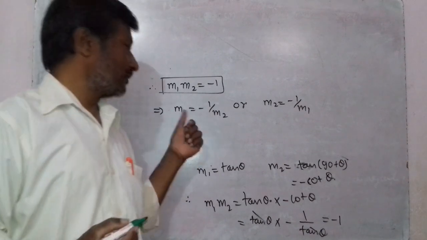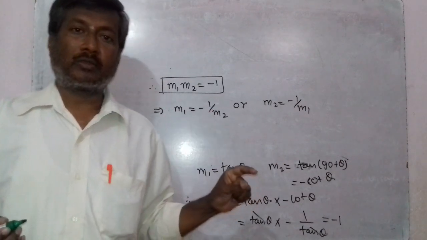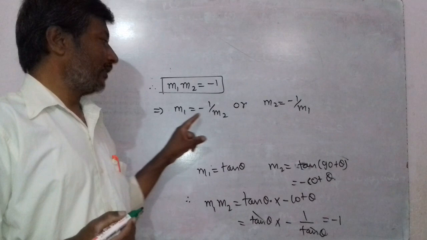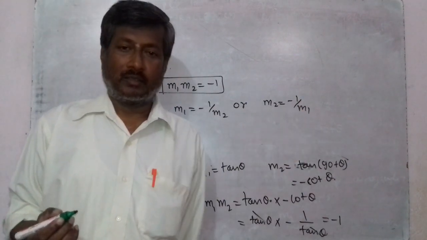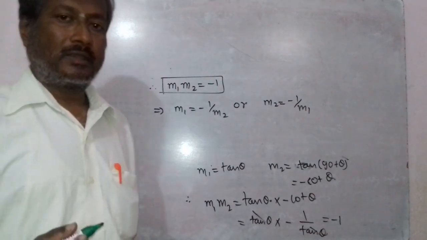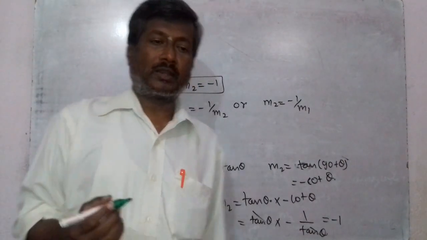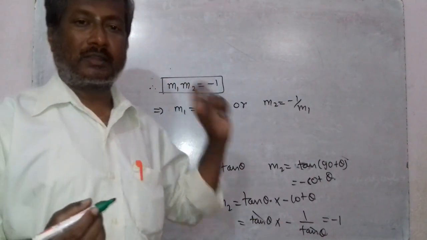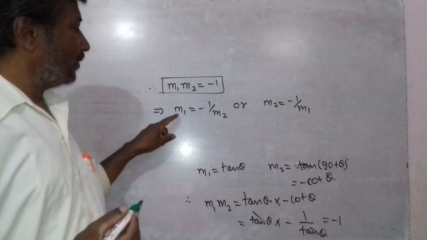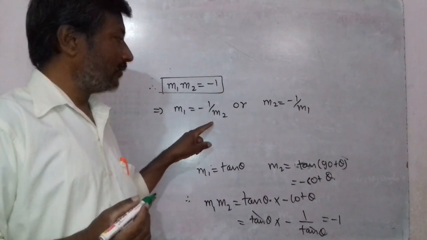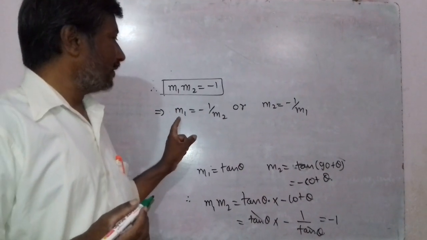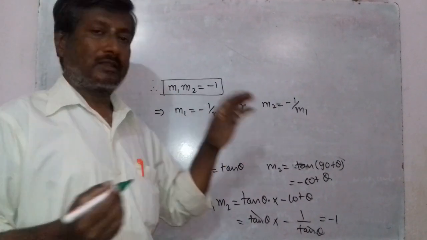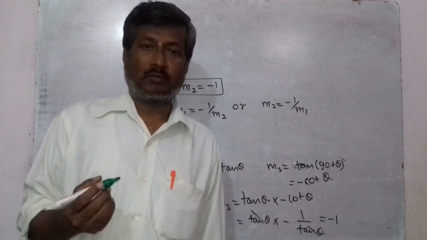If one slope is given, then the slope of the perpendicular line is given by this. If the slope of one line is m1, then the slope of the other line is the reciprocal of the given one, with a negative sign.